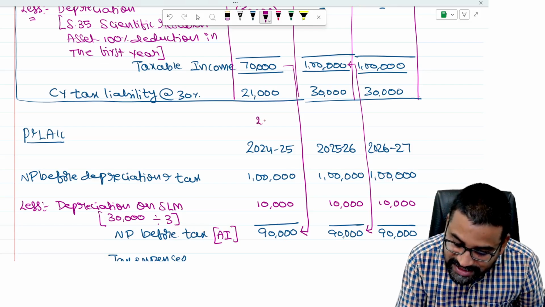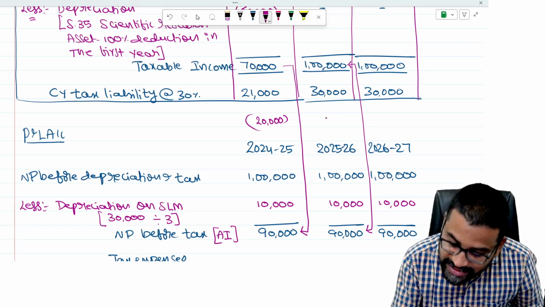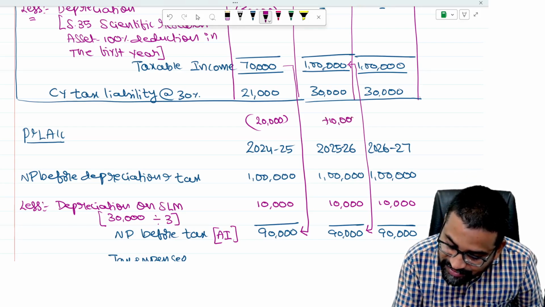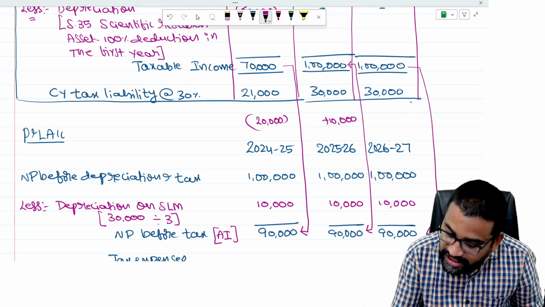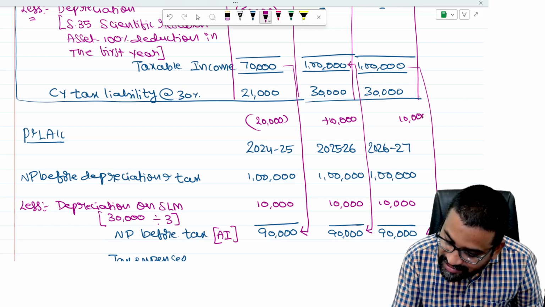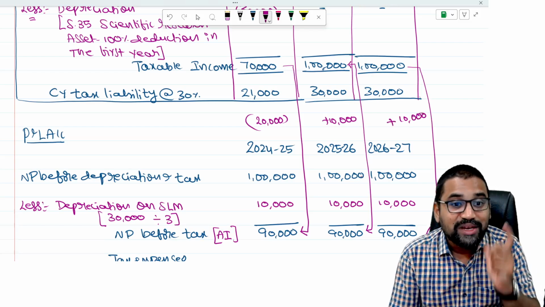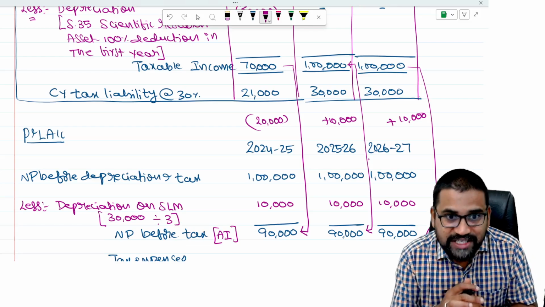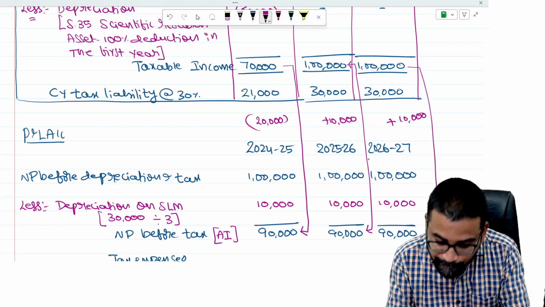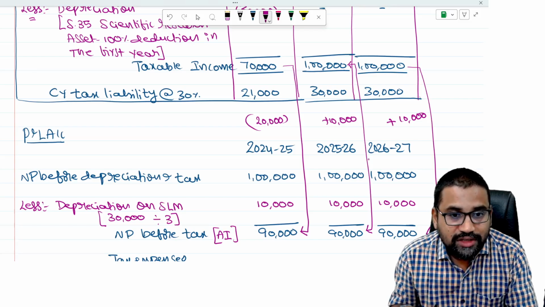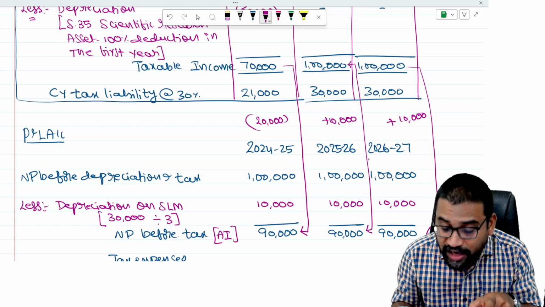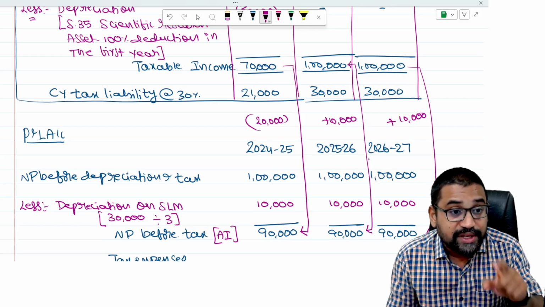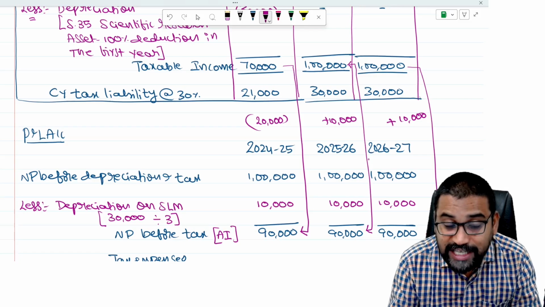So first year, a 20,000 difference is there. Next year, out of 20,000, 10,000 is reversed. Another 10,000 is reversed the year after. That's why this is called a timing difference. The difference between accounting income and taxable income in the first year reverses in the next years. From next year onwards you take depreciation as per the P&L account, but you don't take it as per the Income Tax Act.